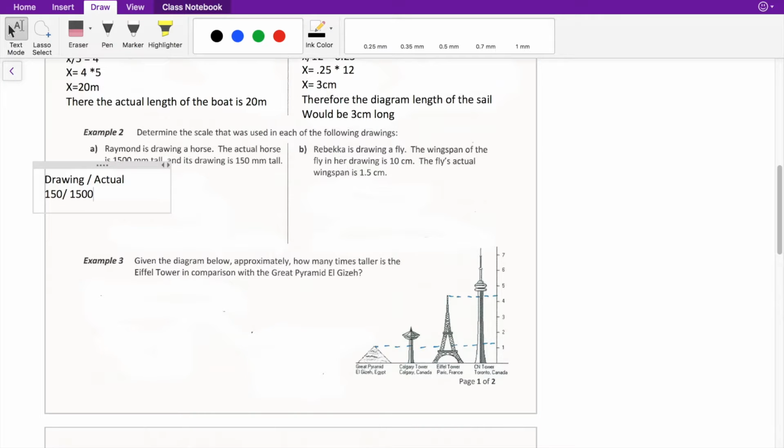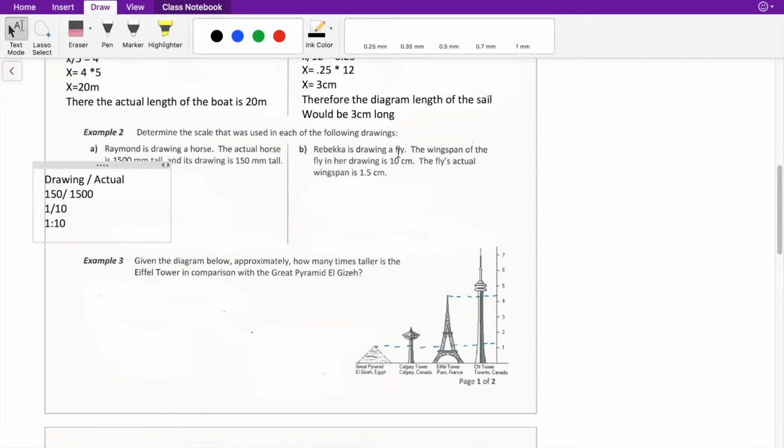So if we go 150 over 1,500, you're going to get a 1 over 10. Okay. So one of these, you times 150 times 10, you're going to get this. You can write it that way or like this. Okay.